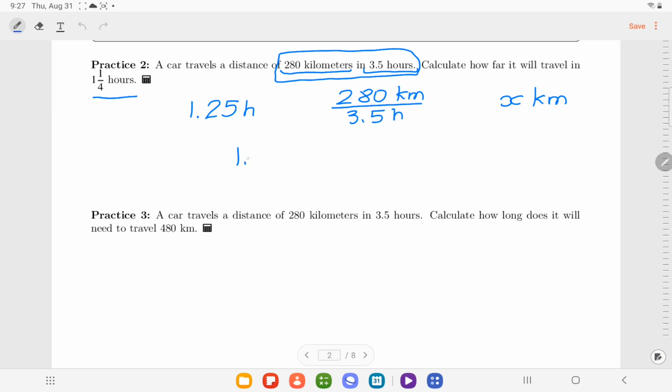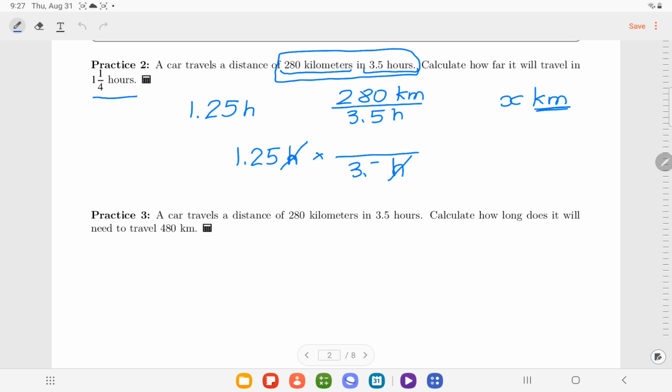Let's start with 1.25, and don't forget the hours because in this method, the units will help us. Now, we have to use this conversion factor. We know that hours must be in the denominator because we can cancel them out. We're looking for kilometers, not hours.